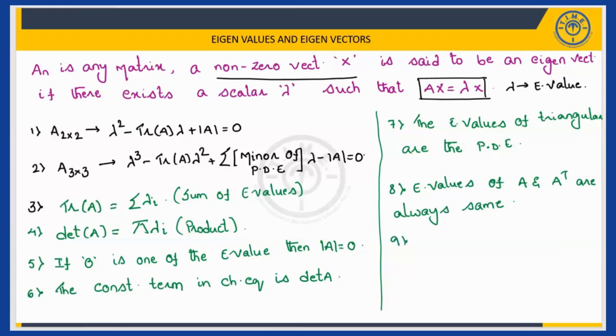And if a plus bi is one of the eigenvalues, then a minus bi is also an eigenvalue.